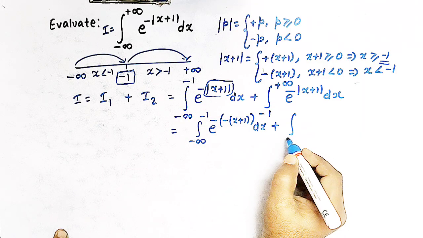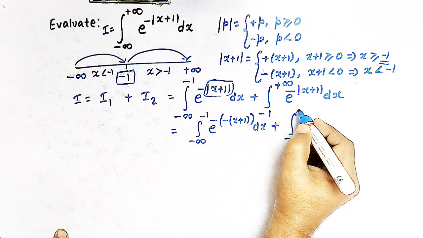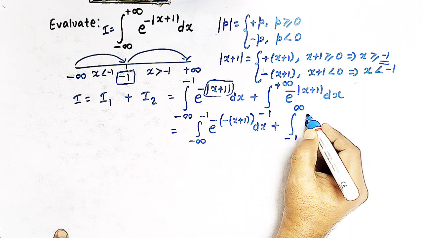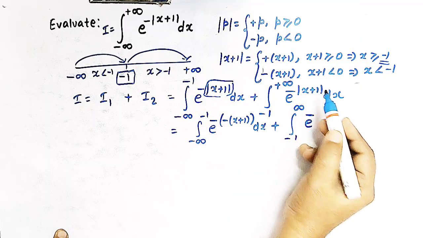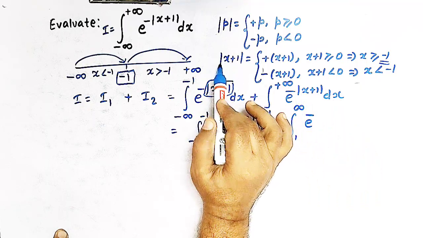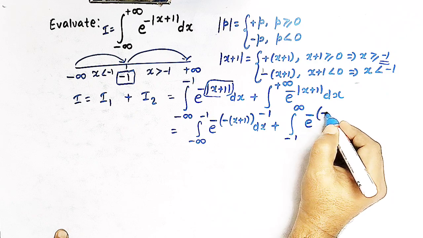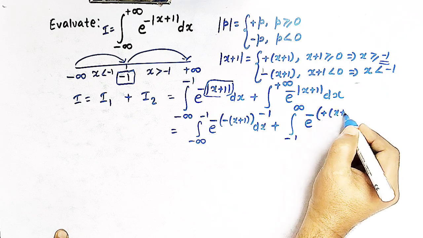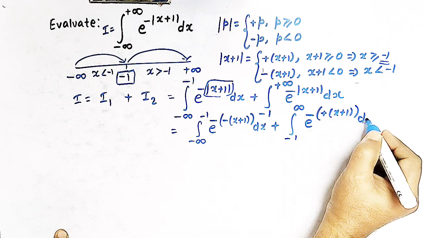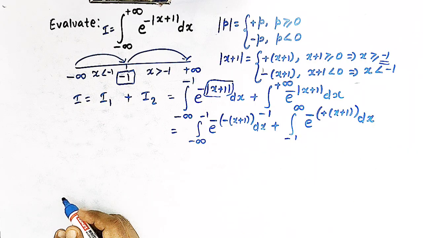So here we have minus 1 to infinity and e raised to negative of mod of x plus 1. So in this case, mod of x plus 1 is positive x plus 1. So here we write positive x plus 1, and here we have dx, right?